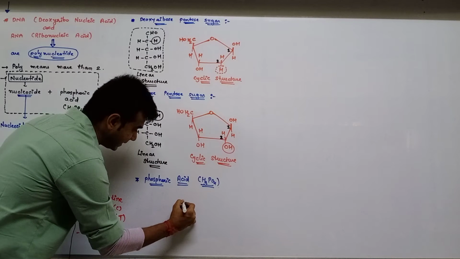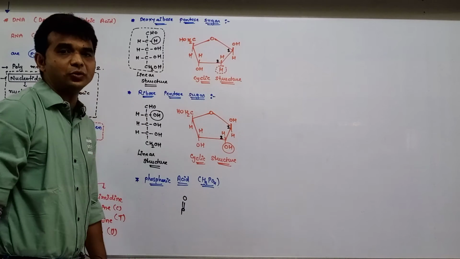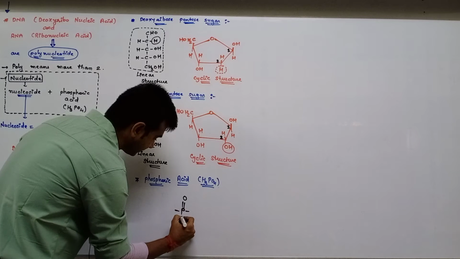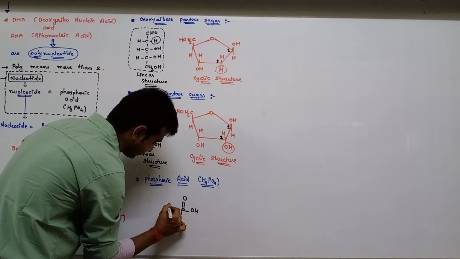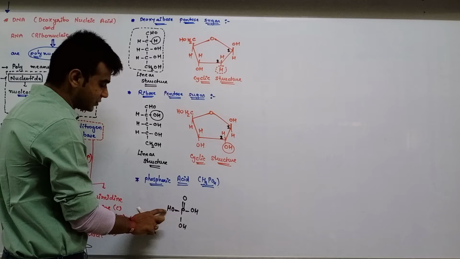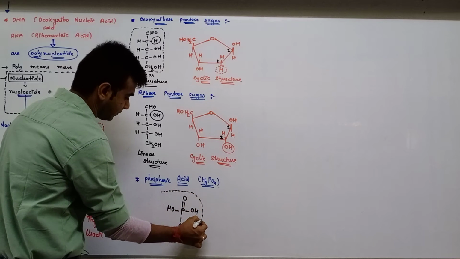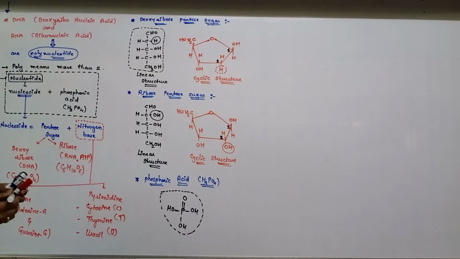So on one side, phosphorus completes its valency by a P double bond O, and on the three sides, it completes its valency by a hydroxyl group. But dear students, please write HO here, don't write OH there. So this is the structure of phosphoric acid. Now, let's see the structure of nitrogen base.